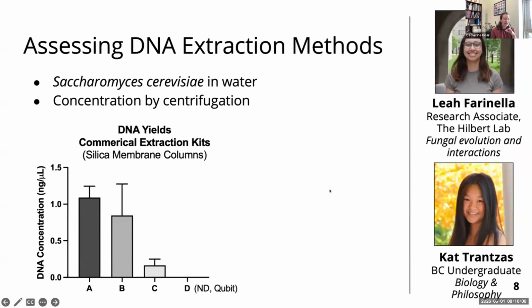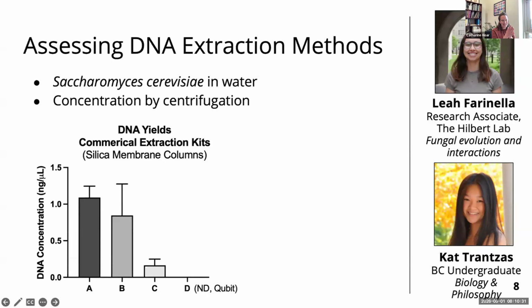So to start thinking about how we will optimize DNA extraction methods, we've been starting with commercial nucleic acid extraction kits to see specifically how well they do with fungi. Some commercial kits do report recoveries of fungi or for certain fungal species, but many do not. So for these first experiments, we just spiked Saccharomyces cerevisiae in sterile water.